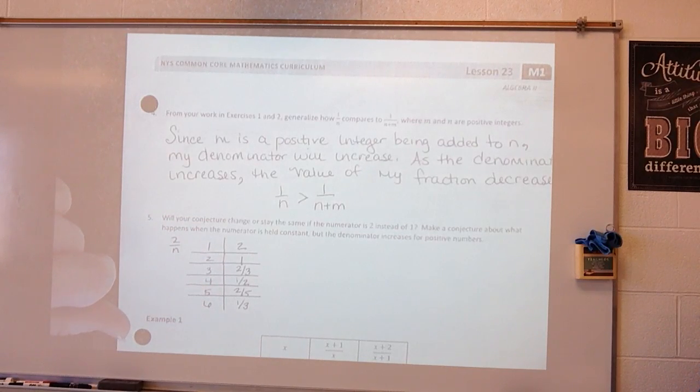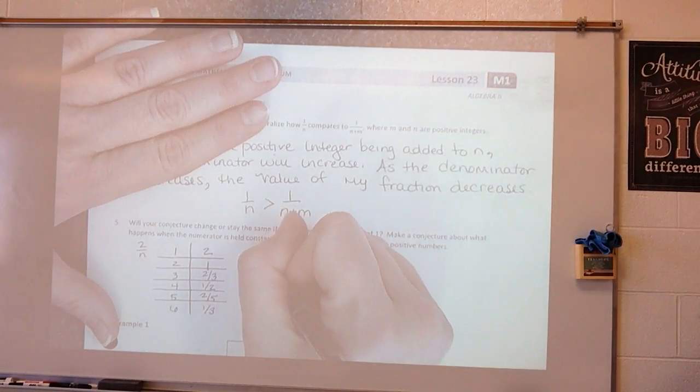So it will stay the same because this would be the same as multiplying the inequality by 2. Alright? So our conjecture will stay the same.